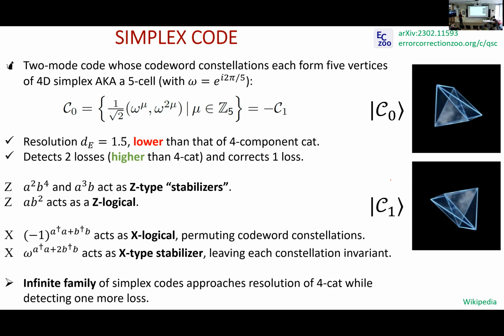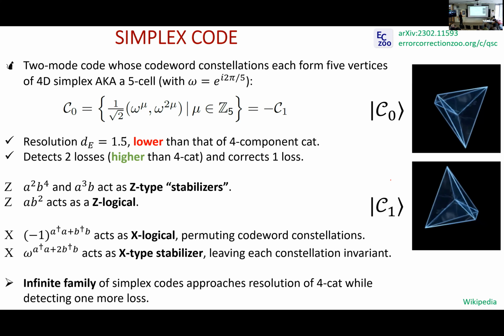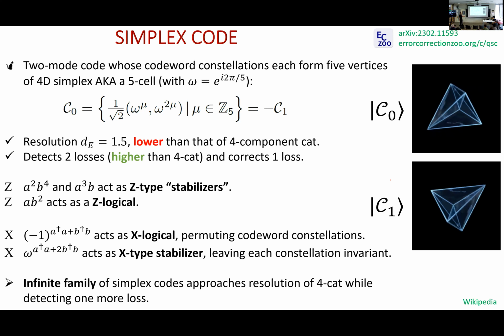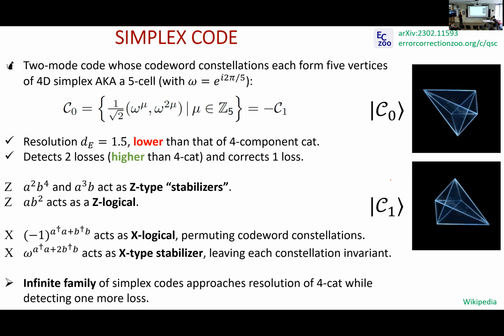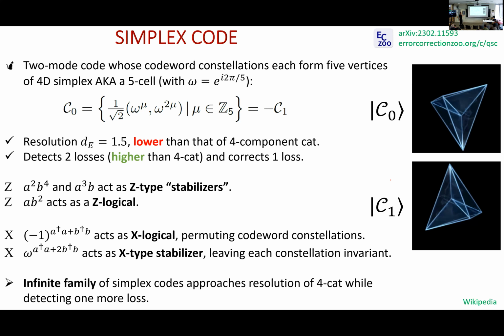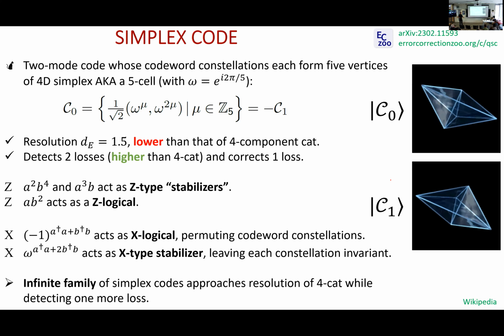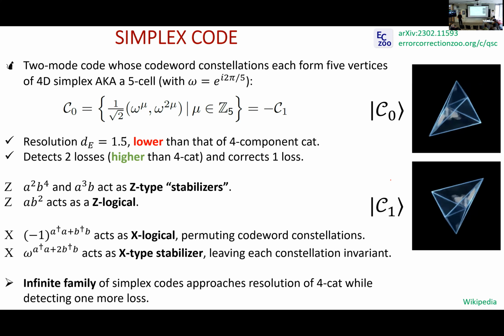The points get better and better distributed, and the resolution decreases to a constant that is the same as the 4-cat, but now it can detect 1 more loss and correct the same amount. So this red part goes away asymptotically with the number of modes. An example of how you can pack higher dimensions and get better parameters at the expense of using more dimensions, of course.